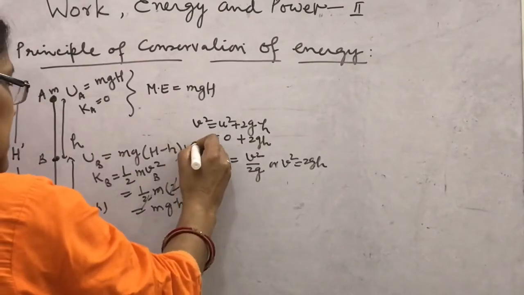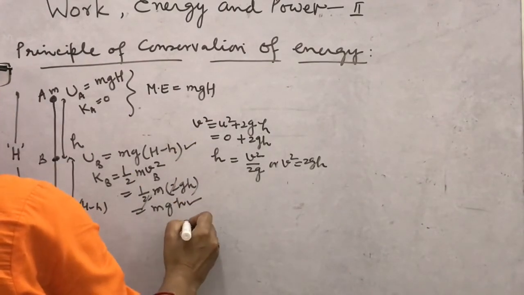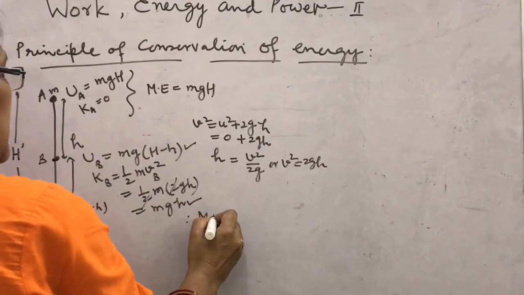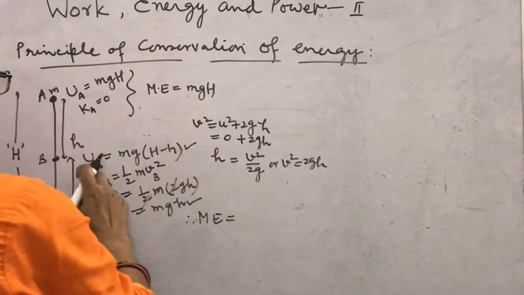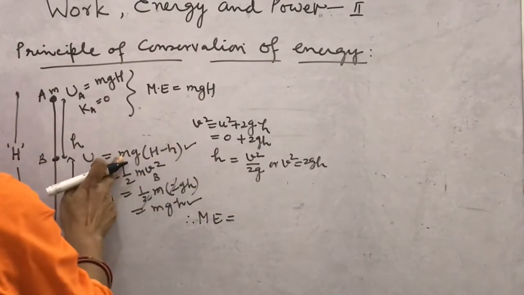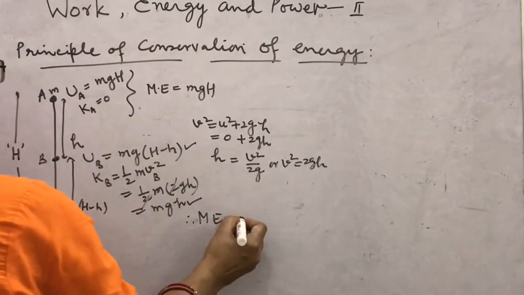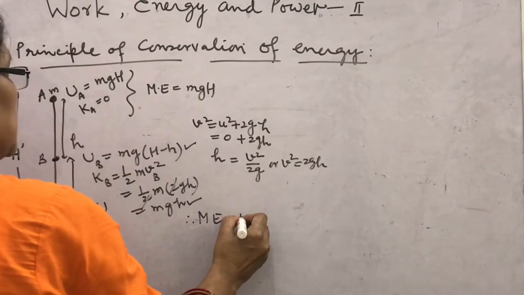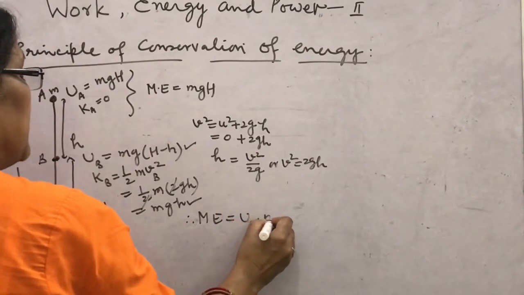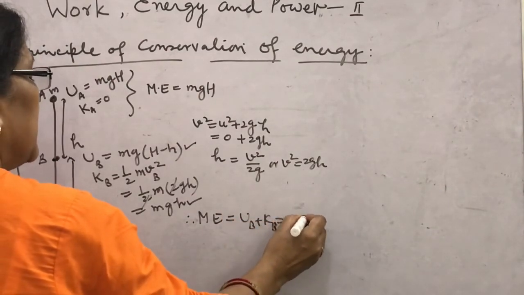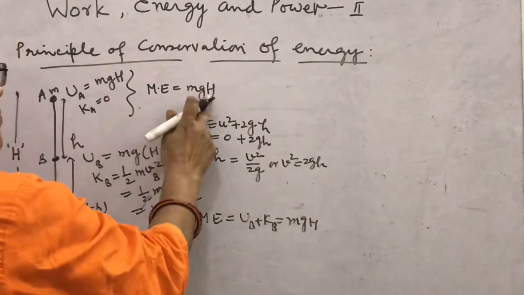This is the kinetic energy, and the potential energy was mg into H minus h. Mechanical energy is the sum of kinetic and potential, so mgH minus mgh plus mgh gives UB plus KB equal to mgH, which is the same as earlier.